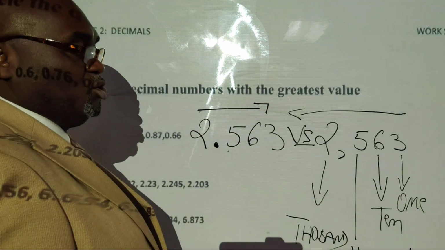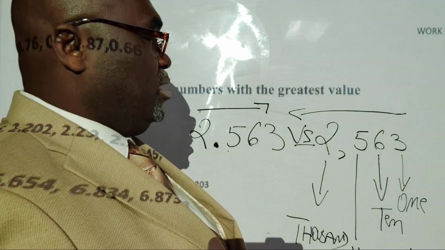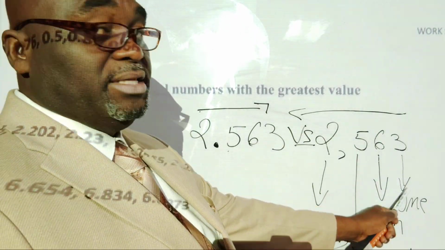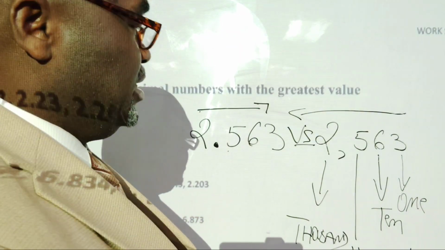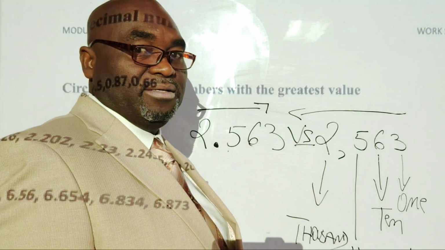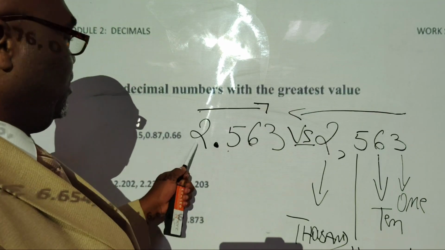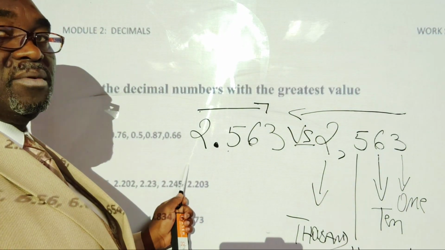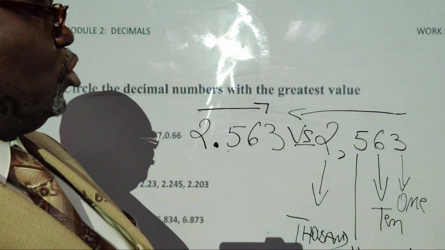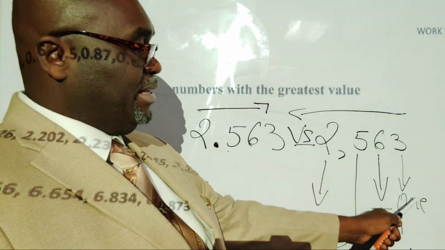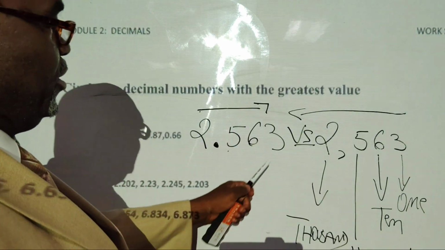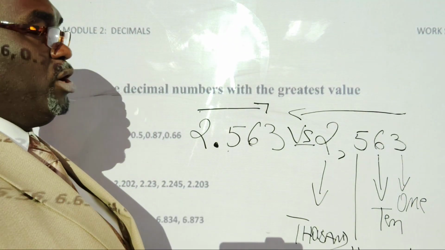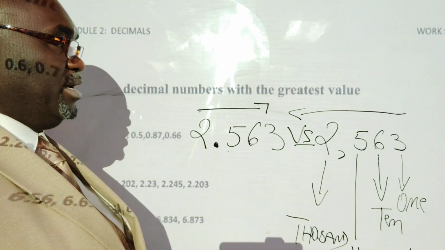Now, in a whole number, the last digit is the 1. But when you come to a decimal number, the 1 does not exist. Why? Because we start directly from your whole number. On your whole number, the last digit you call the 1, but here we don't have a 1.